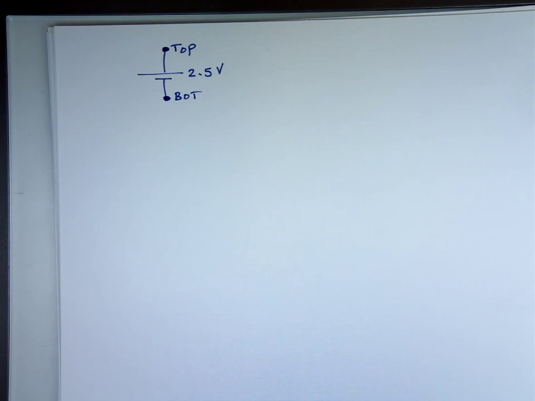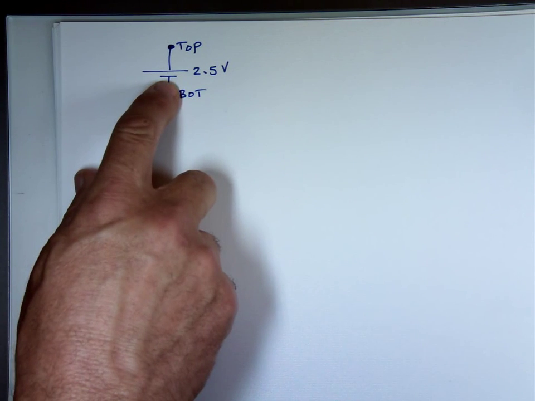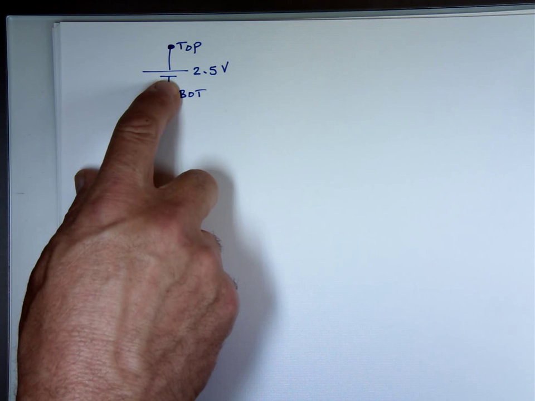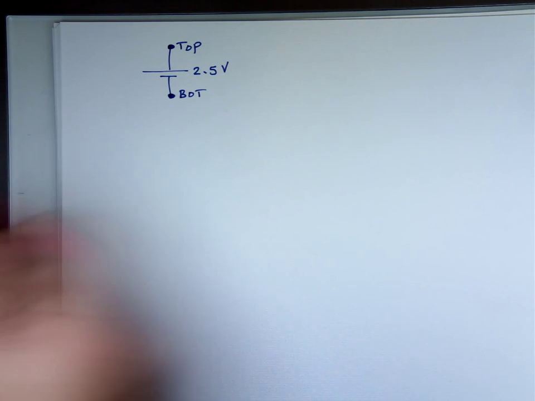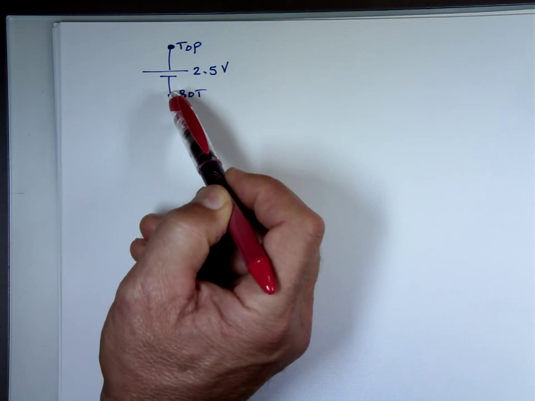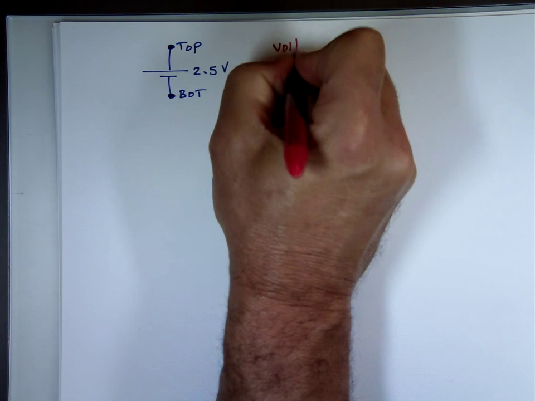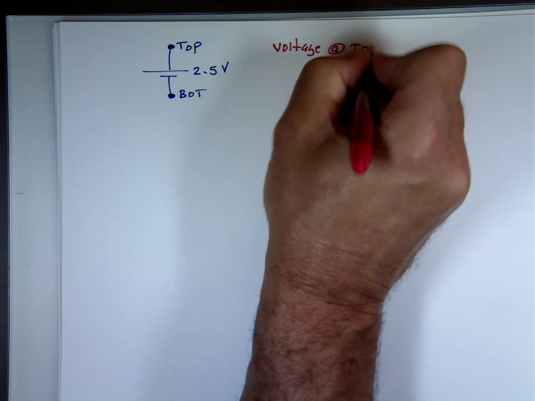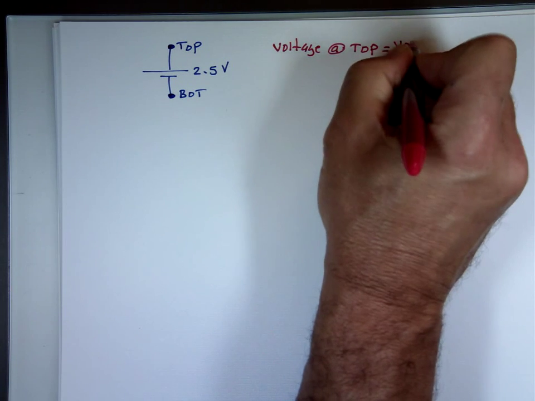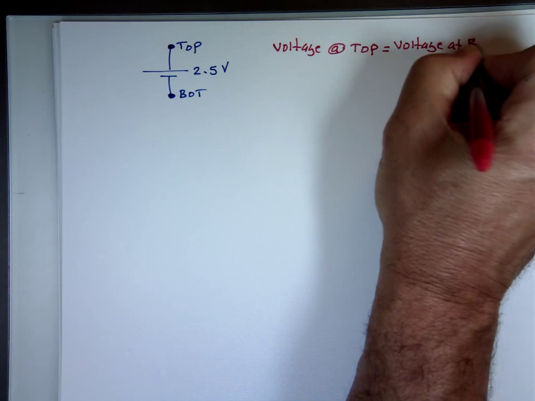Depends on what? Direction. Well, the direction, the plus is the top. The bigger one is the plus. The smaller one is the minus. Or whatever, the way the current's flowing. No. Current will not determine what the voltage is there. What that means is the voltage at the top is going to be the voltage at the bottom plus 2.5.